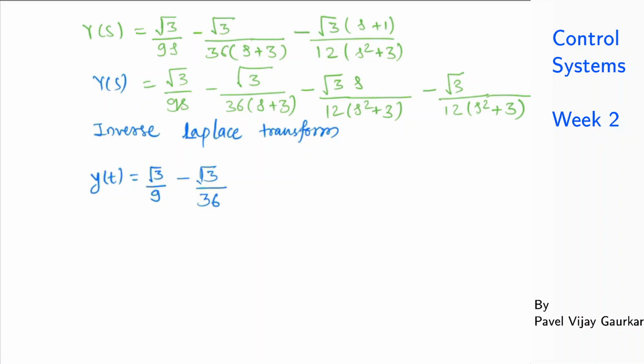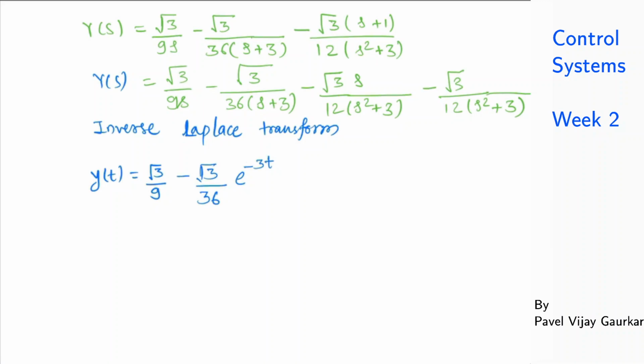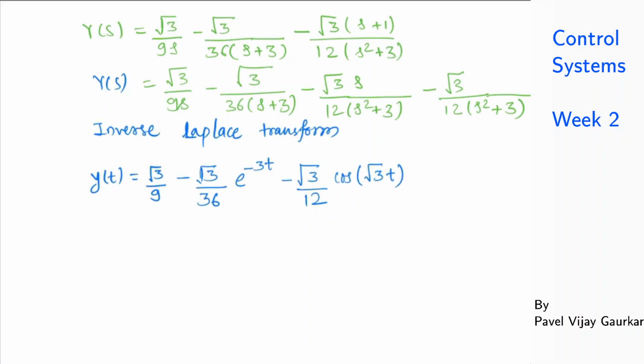Here we have s plus 3. So the inverse Laplace transform for 1 over s plus a would be e power minus a into t. So this here is the cosine term s over s square plus 3. So minus under root 3 by 12, we will have cos of under root 3t, since this term corresponds to omega square.